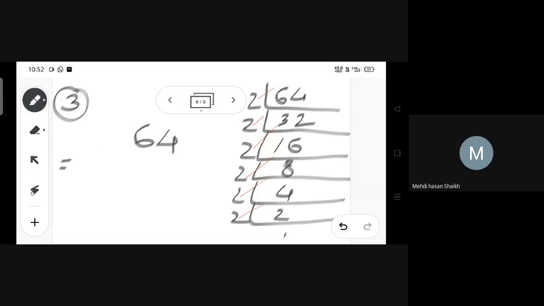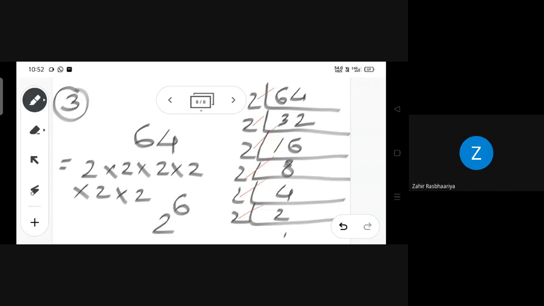So we can write it like this: 2 multiply by 2 multiply by 2 multiply by 2 multiply by 2 multiply by 2, or you can write it as 2 to power 6. Understood? You don't have to write this. This is an example. So you can write 64 in exponential notation as 2 to power 6.